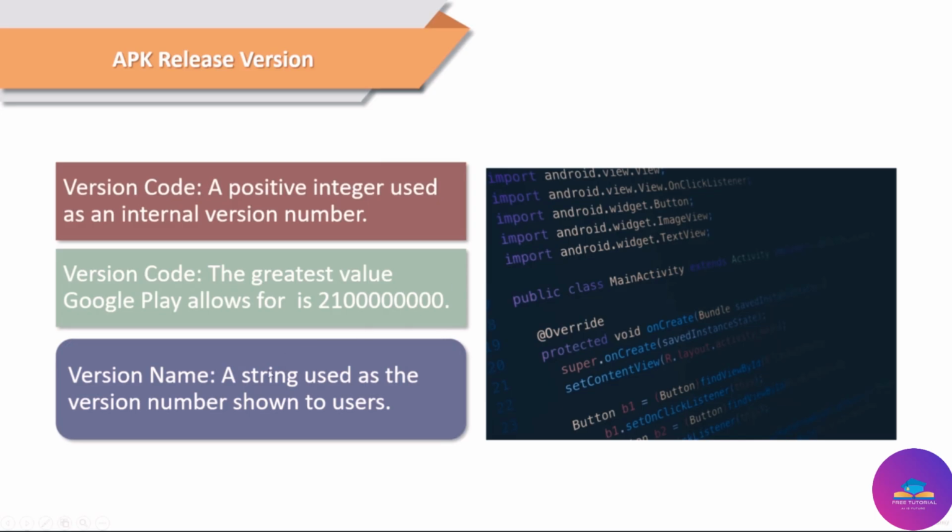In this part, there are two parameters. The first one is version code, and the second one is version name. Version code is a positive integer value that starts from 1. This is an important value because when you publish your application on Google Play, it will take this number as a reference code. When you update your application, Google Play will check this number. It has to be a bigger number than the previous version.